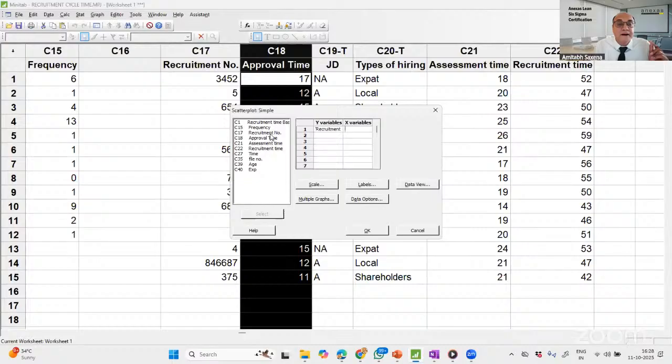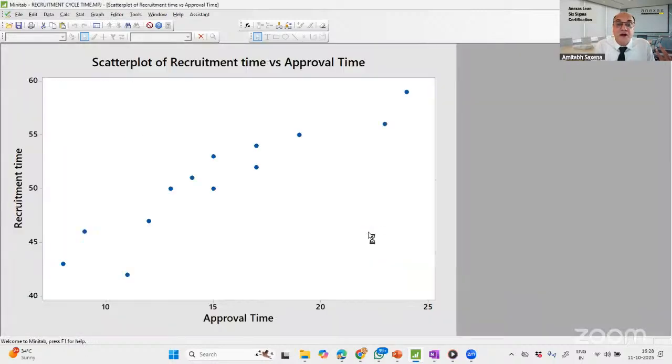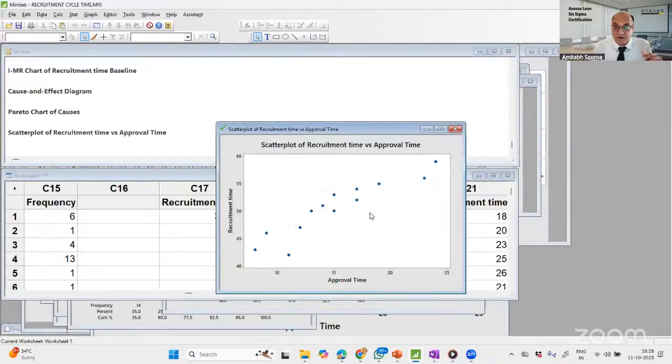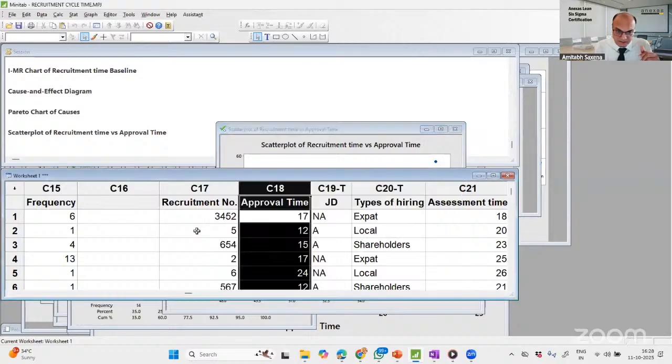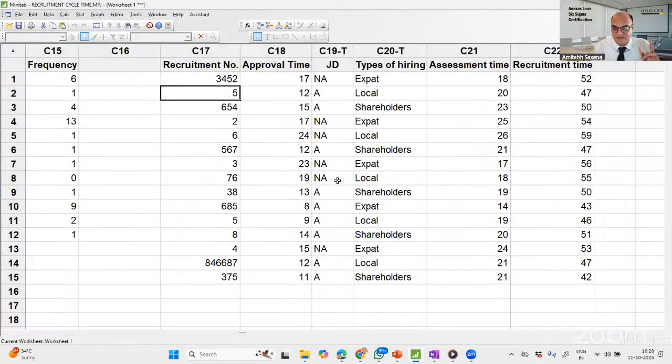Here, the more the approval time, the more the recruitment time. When both are continuous data, like approval time and recruitment time, we do a scatter plot. And that is our root cause.